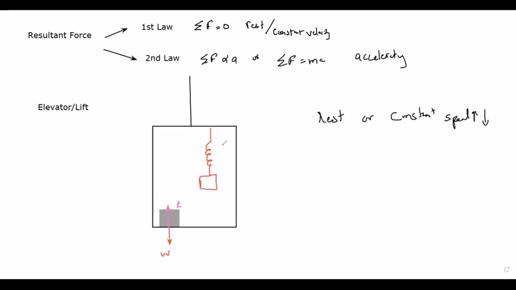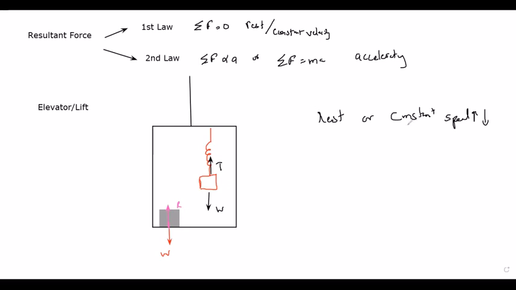It can be attached with a string or with a spring. When we draw the free body diagram for this object, its weight is acting downward, and the tension, the restoring force of the spring, that I'm representing by T, is acting upward.